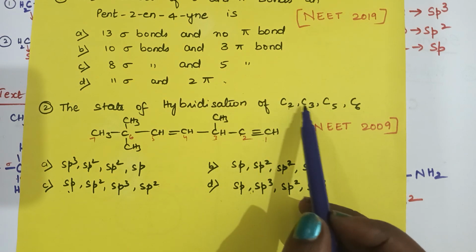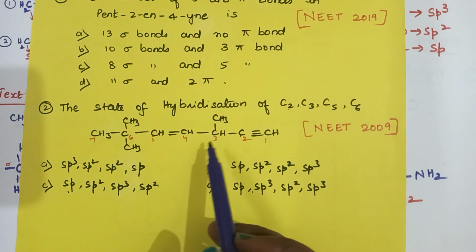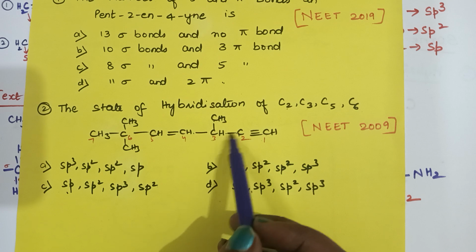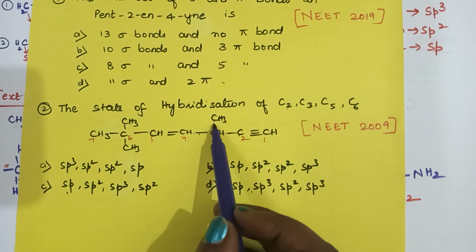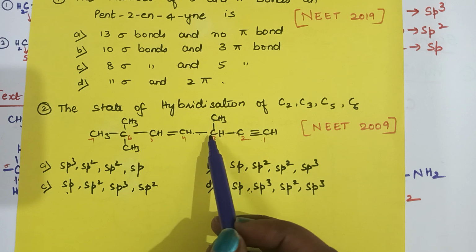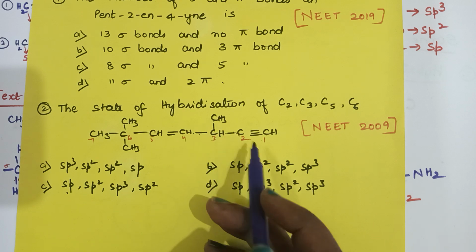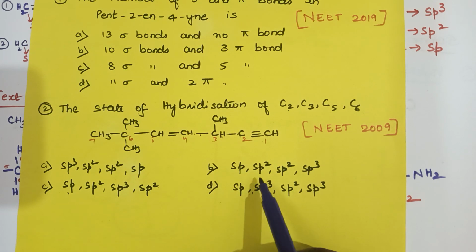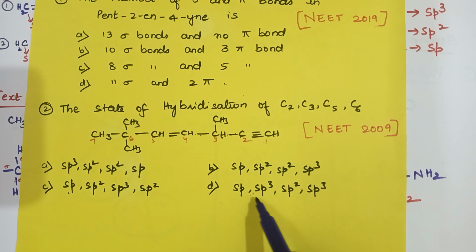Next we will go for C3. So this is C3. 1 sigma bond, 2 sigma bonds, 3 and 1 hydrogen atom. So totally there are 4 sigma bonds. 4 sigma bonds means it will be sp3 hybridization. So check, the second should be sp3 hybridization. Here it is sp2, so this is ruled out. sp2 ruled out, sp3.